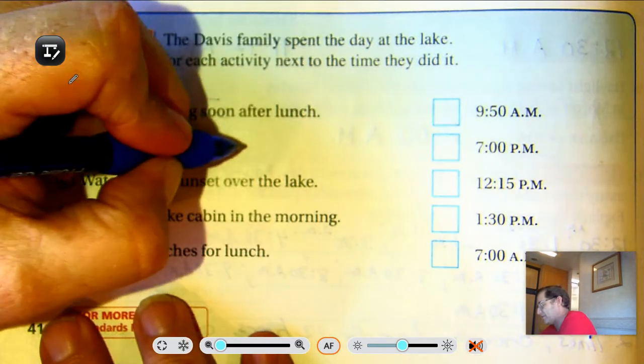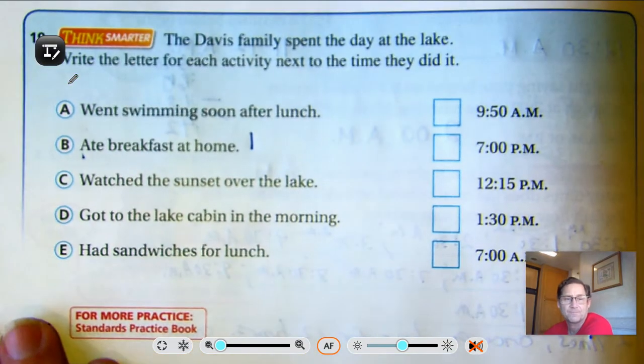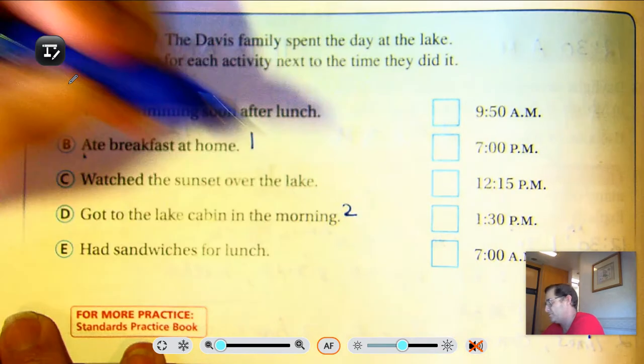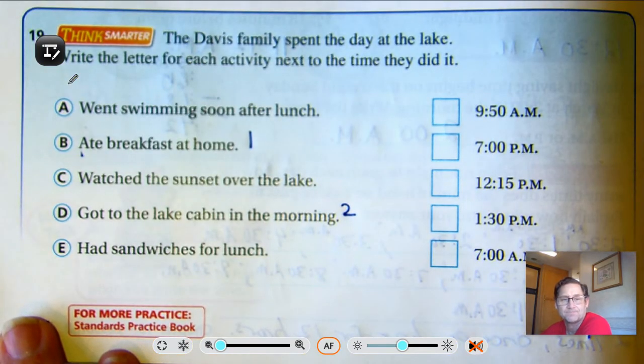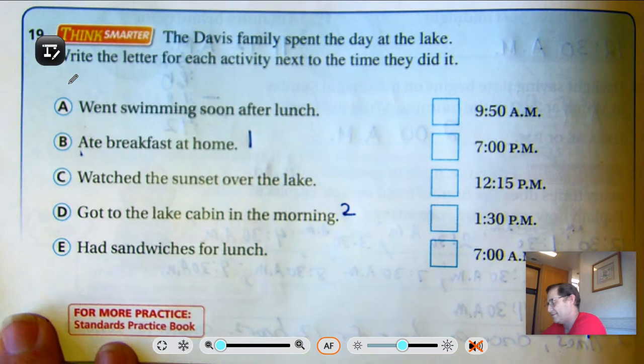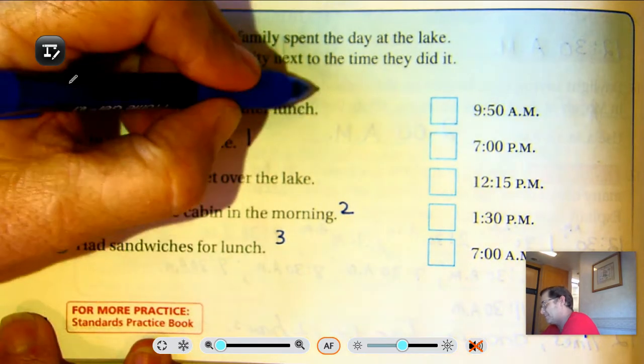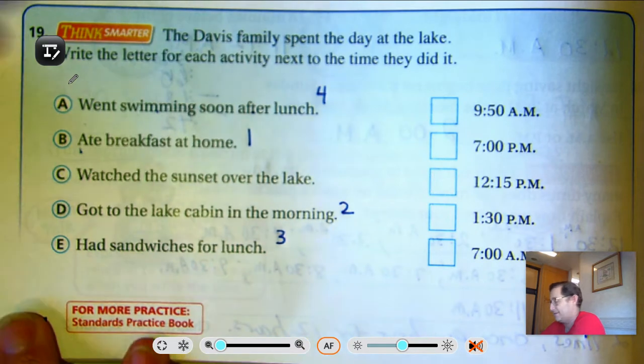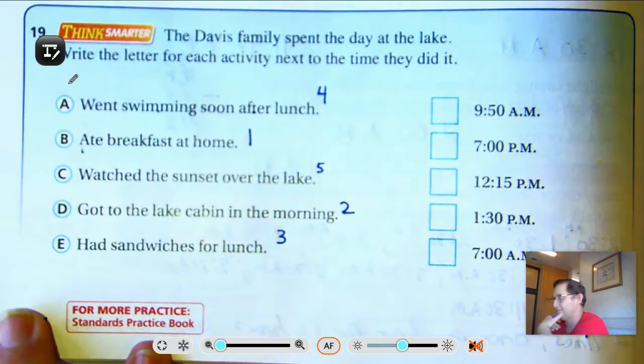So ate breakfast at home is first. Then they would have gotten to the lake cabin. Then they would have had lunch and then went swimming because it says swimming after lunch. And the last thing they did was watch sunset.